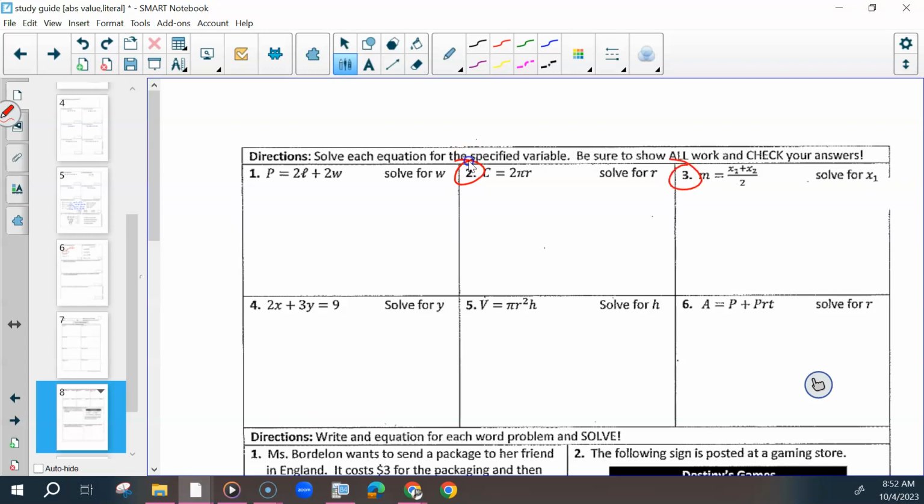Right, so starting with number 2, if we're trying to get r by itself, what would we do here? All at the same time. So we have c over 2 pi equals r.